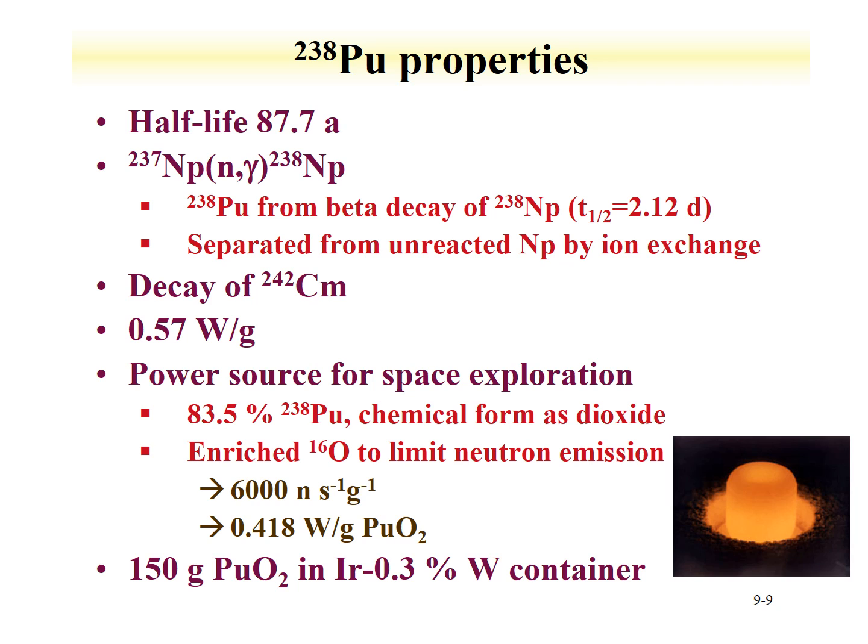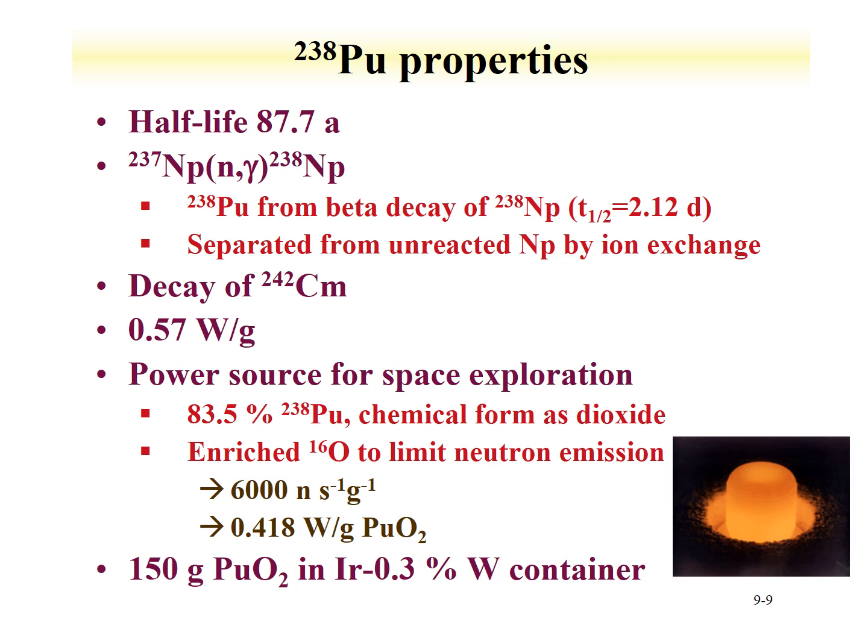The plutonium is generally in the form of an oxide with the isotopic concentration of plutonium-238 equal to or greater than 83.5%. The oxide source is actually enriched in oxygen-16 to limit the alpha-n reactions that occur from oxygen-17 or oxygen-18.